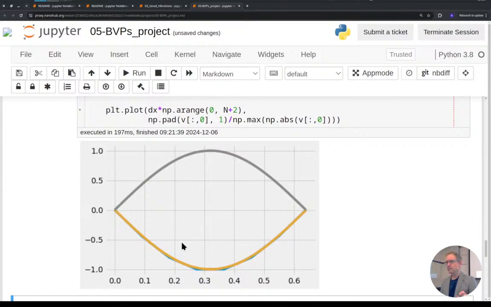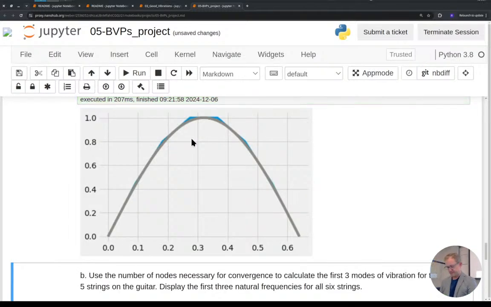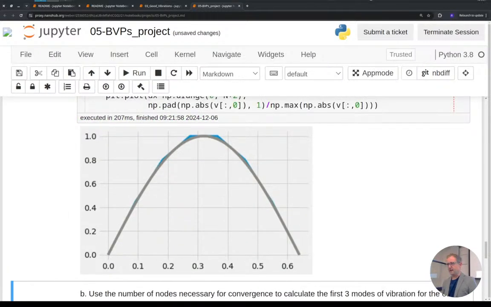And see how some are flipped upside down, others are right side up. So we can look at absolute value there, and then they all kind of line up. They just keep getting a better and better approximation for that mode shape.